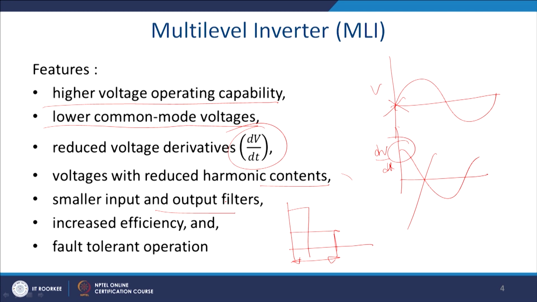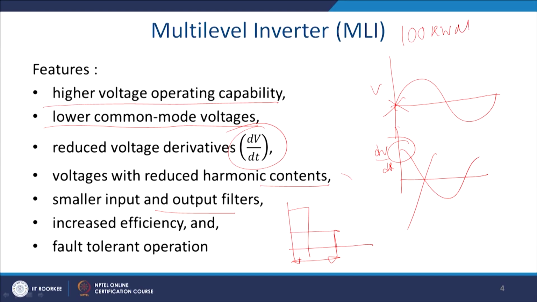We have eliminated these also in the case of the multi-pulse converter, but there the solution was very bulky and suitable for very high power drives, mostly thyristor driven drives, and you require power in the range of megawatts.